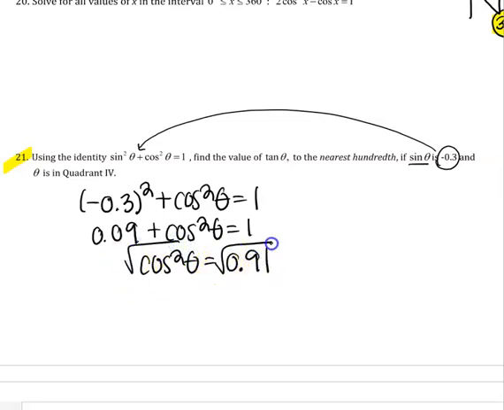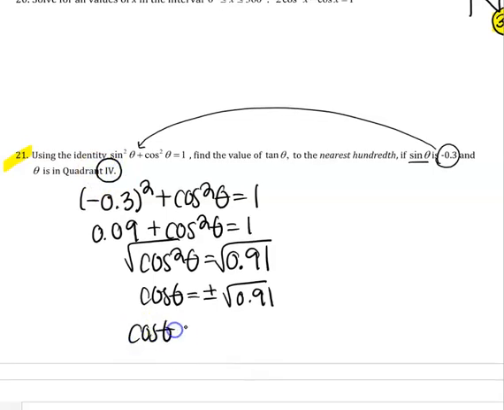And then I take the square root. Now technically you're getting plus or minus the square root of 0.91, okay? Now keep in mind, if you're in quadrant 4, ASTC, cosine is going to be positive.